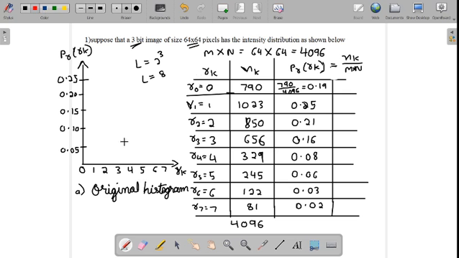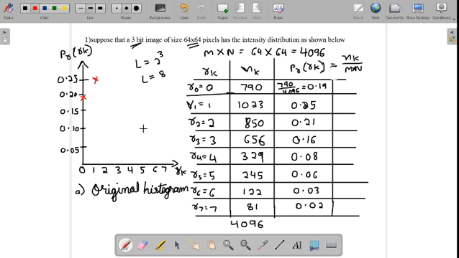Okay. Now if you consider 0, what is the probability? It is 0.19. You can mark this as 0.19. Next one is 0.25.